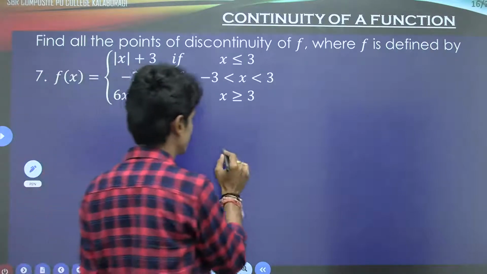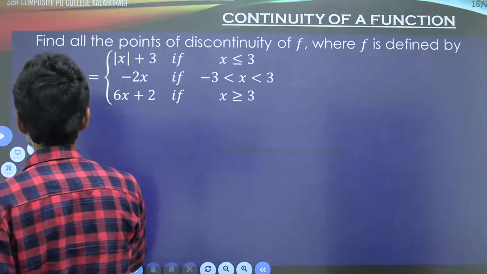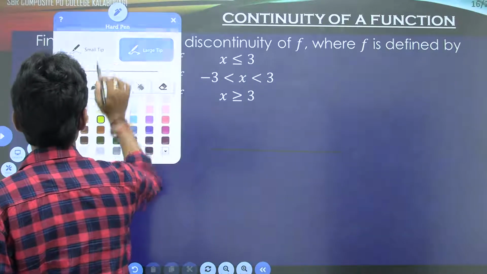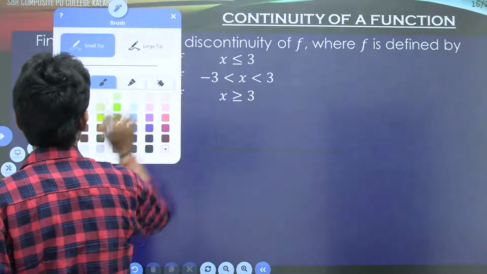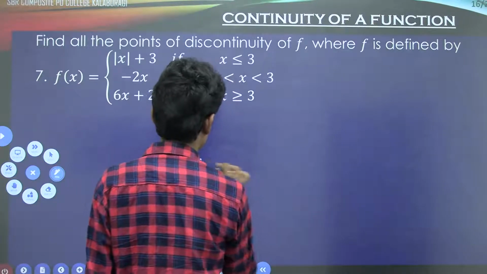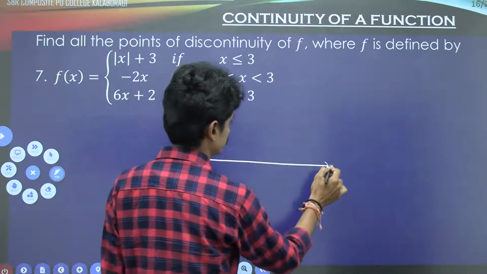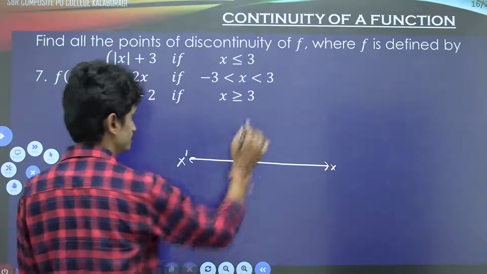I will show roughly here. This is our x and x dash.